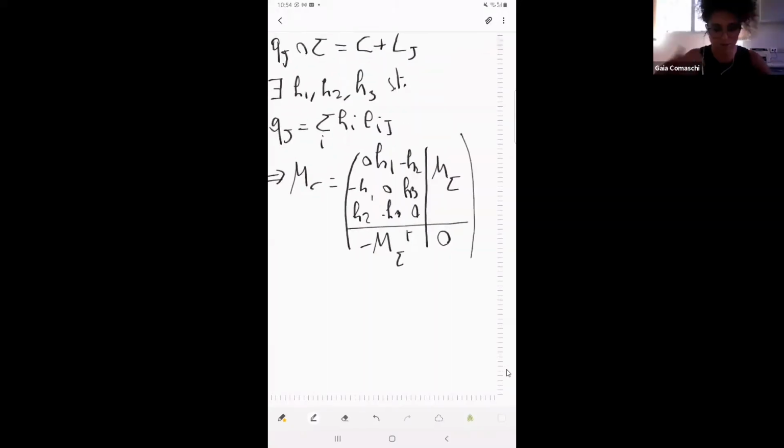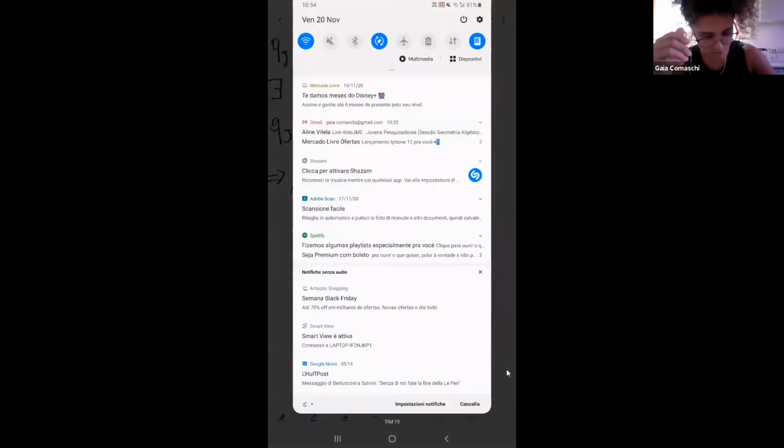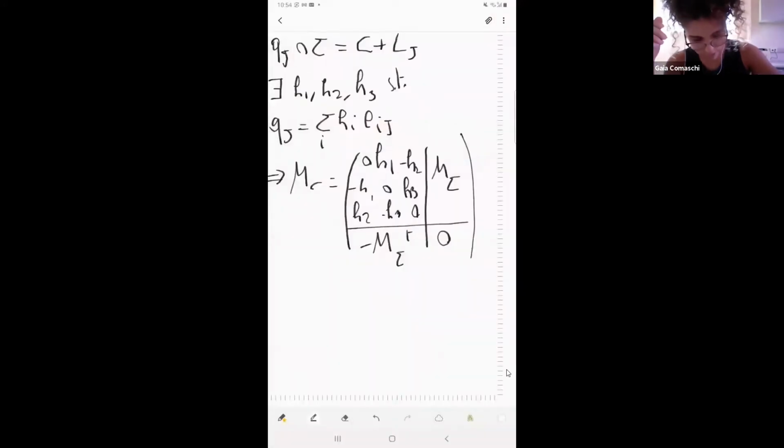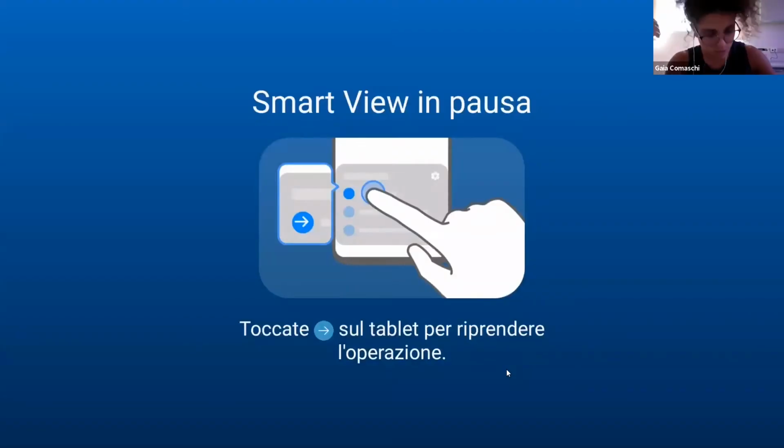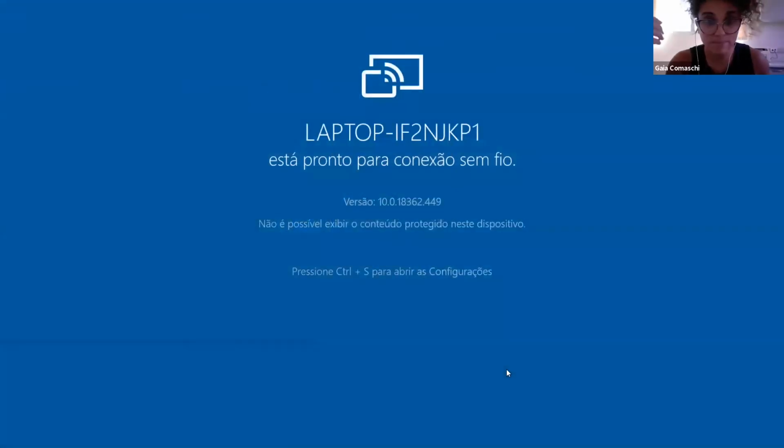And so here is how we can write down explicitly by hand a representation of the curves without applying the theorem of Buchsbaum and Eisenbud. So let's now come back to the presentation.